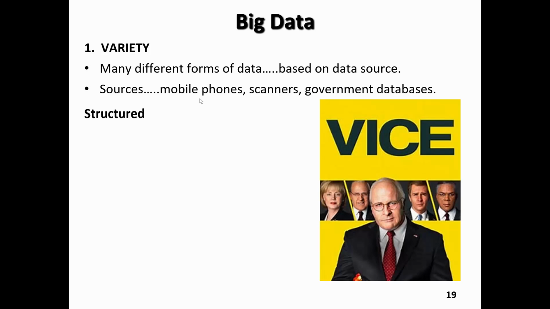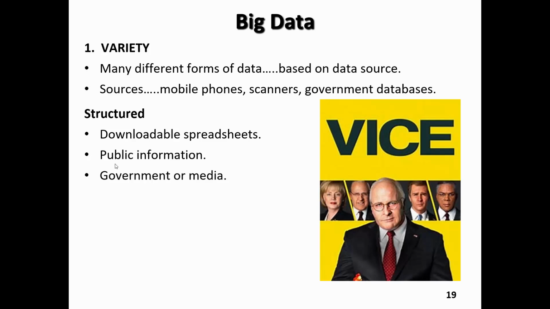With respect to variety, there are two general types of big data. The first is structured. Some government organizations or departments do provide downloadable spreadsheets, particularly if we're looking at publicly available information. That certainly helps when we want to collect information on the population or data as it relates to financials or consumer data. This information is much easier to obtain once again if it's made public.